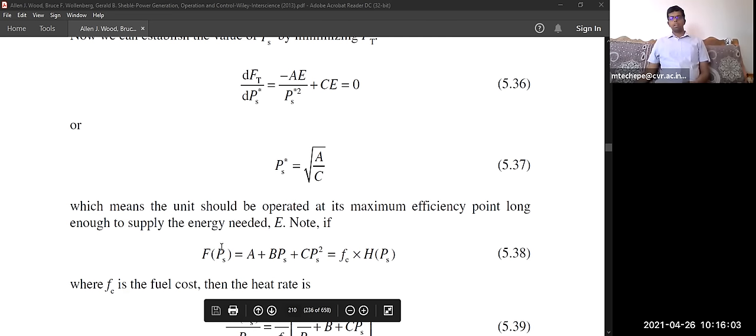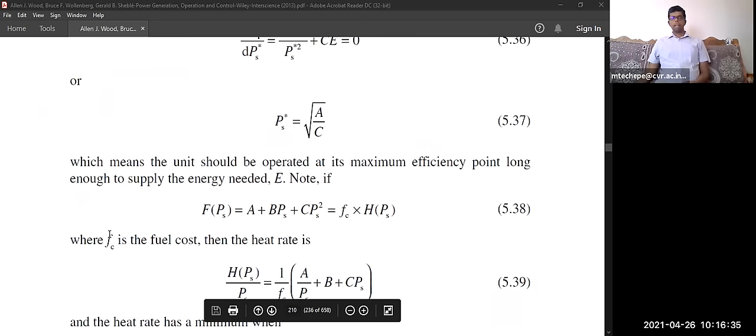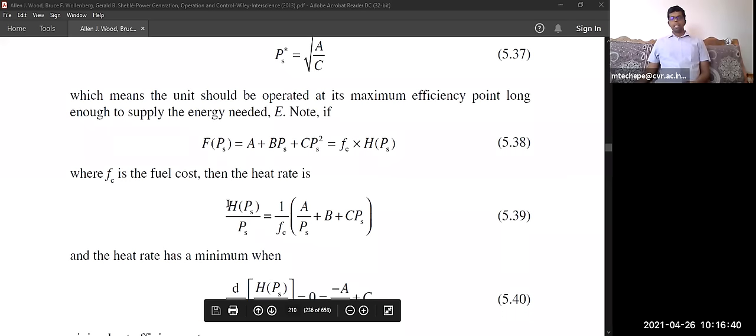The heat generated in the steam power generating unit into the fuel cost is the fuel cost function, that is f of Ps, which is nothing but a plus b into Ps plus c into Ps squared, whereas Fc is the fuel cost.